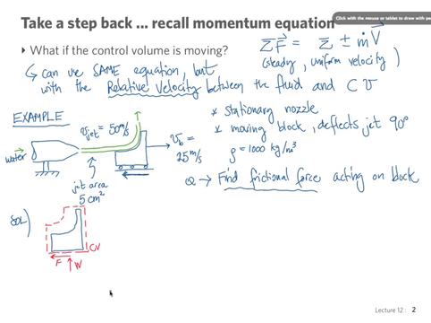We also have momentum fluxes. So I'm going to do the two diagrams in one, the free body diagram and the momentum diagram, because this is easy here. We have only two momentum fluxes, the m dot V_j of the jet coming in here and m dot V_j of the jet coming out there.